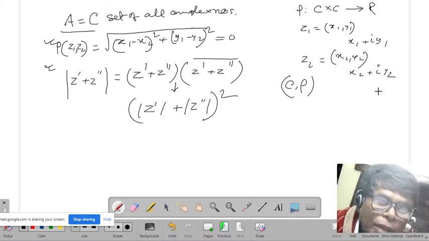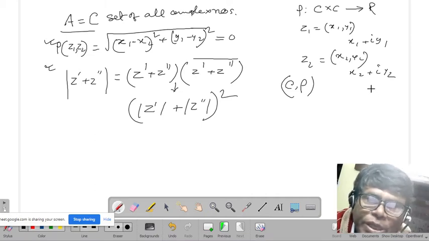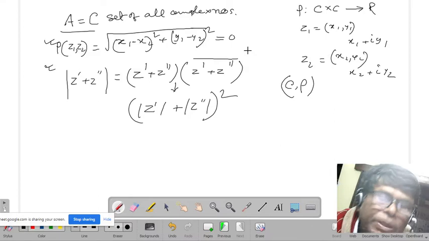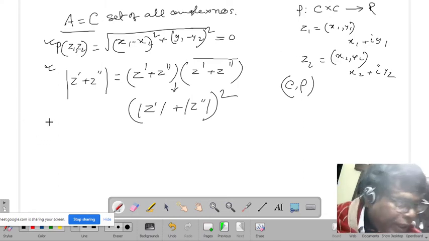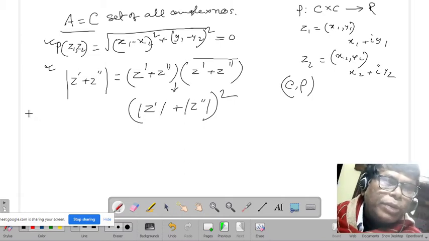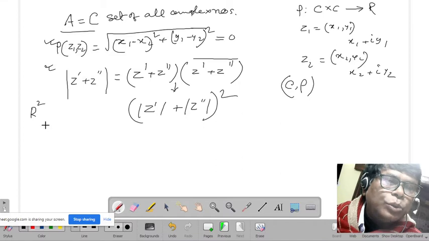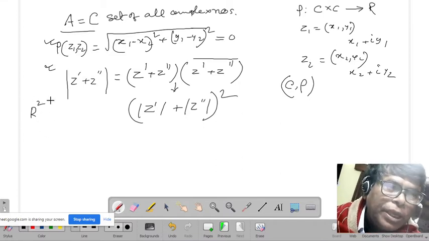Now this is about the one dimensional real number metric space and the one dimensional complex metric space. What about a two dimensional space? Let us take the two dimensional real number space R2. So A is equal to R2.